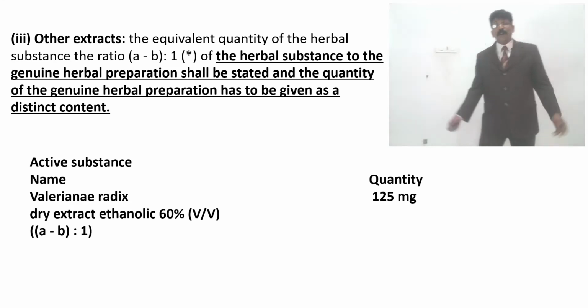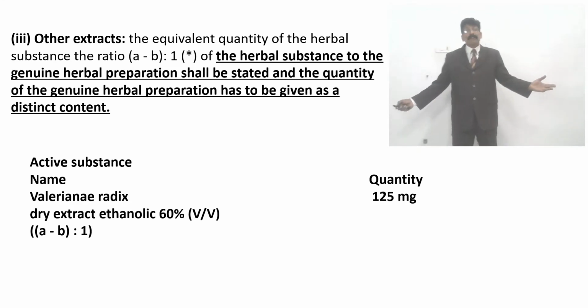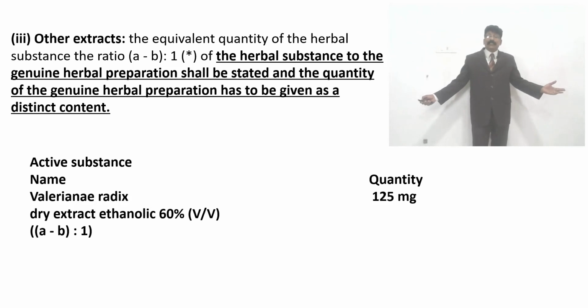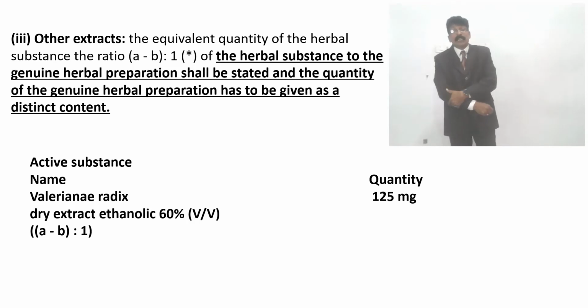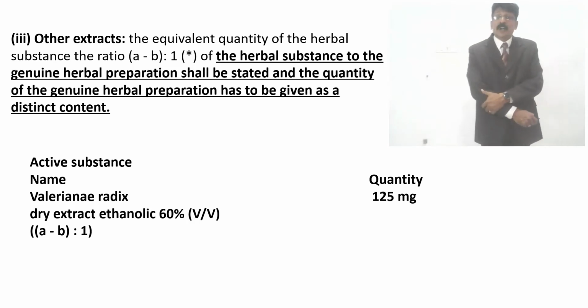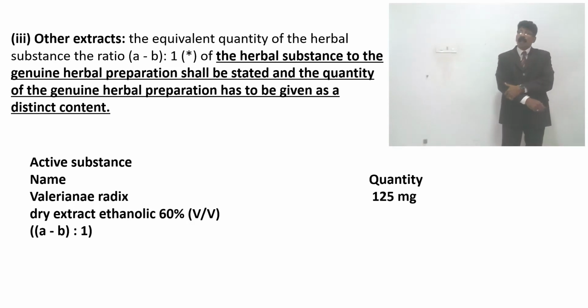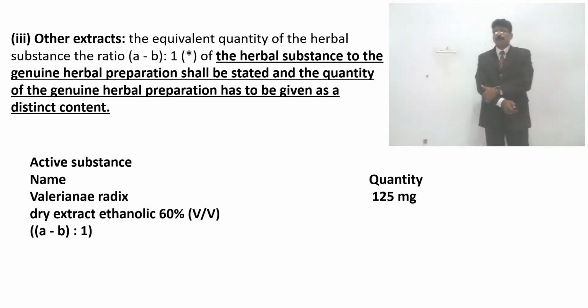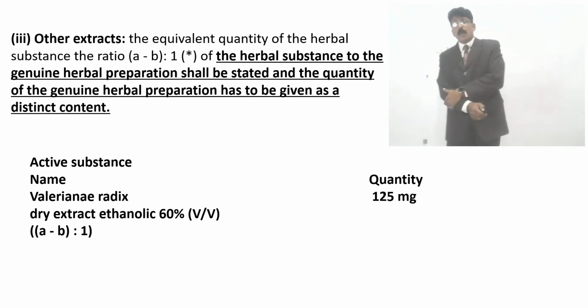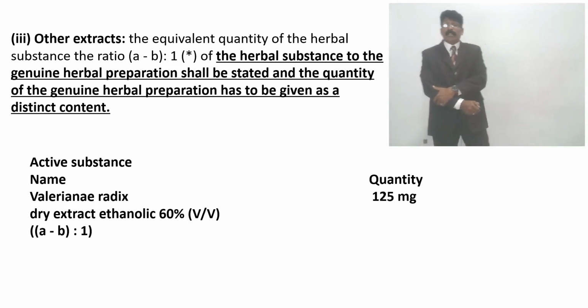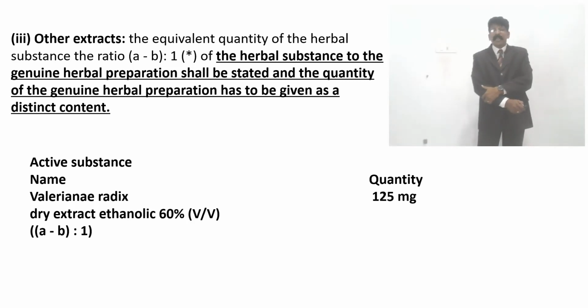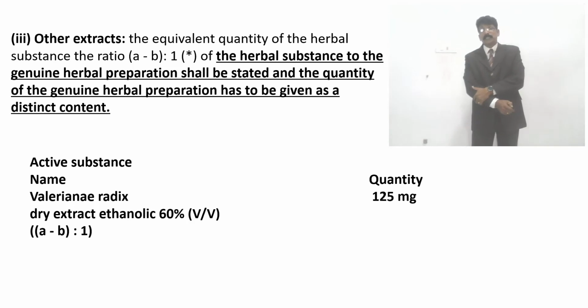For that, the same example, valerian dried extract, made with ethanol 60% volume by volume, A to B is to 1, quantity 120 milligram. So we have made 3 examples for each: one for herbal substances, another for herbal preparations.